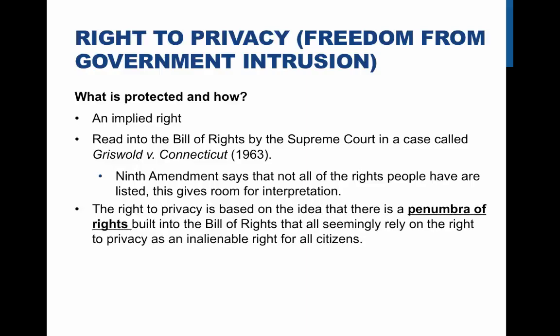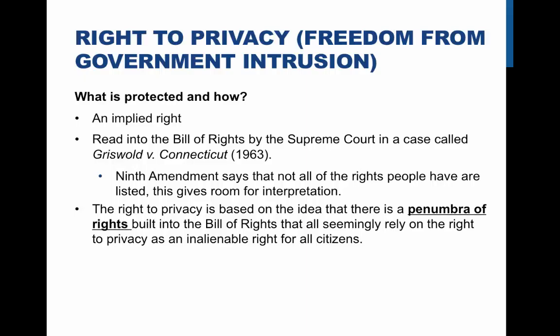So first, we have the Ninth Amendment that says not all of the rights listed in the Bill of Rights are exclusive, meaning there are other rights involved. We're just not listing them all here. But also that there's this penumbra of rights. And a penumbra means kind of an overarching umbrella term built into the Bill of Rights that rely on a right to privacy.